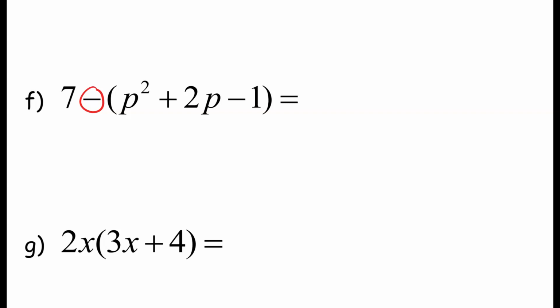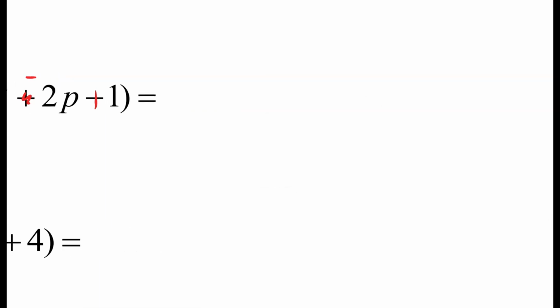And we know that when we're looking at a subtraction question, what we want to do is change the symbols for everything inside the bracket. So then it becomes negative p squared, subtract 2p plus 1. I'm going to do this one vertically, so we'd have negative p squared, subtract 2p plus 1, and then we have 7 on the outside.